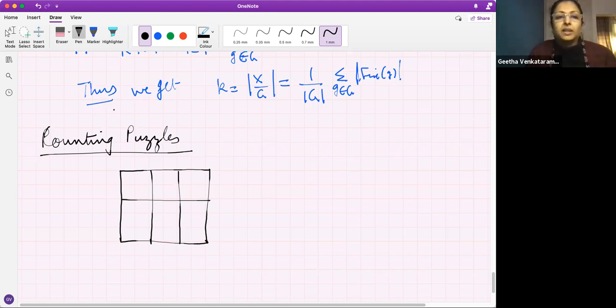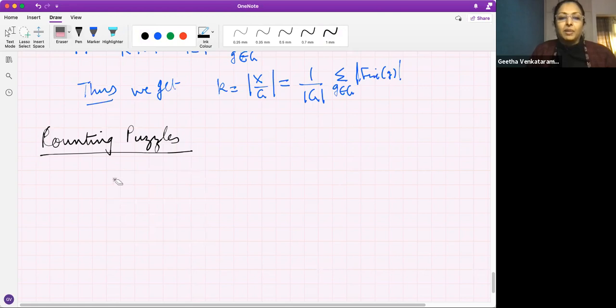Okay, this is not quite a square. I should have taken one more thing here. Let me do this correctly. So there, and then okay.